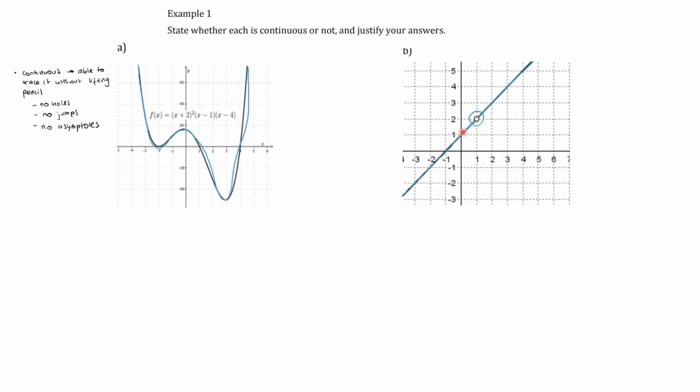And a discontinuity such as this one is called a hole. So a hole means that the function is discontinuous. Okay, so if I ever see a hole in a function, that means that the function is discontinuous. Okay? In other words, not continuous.